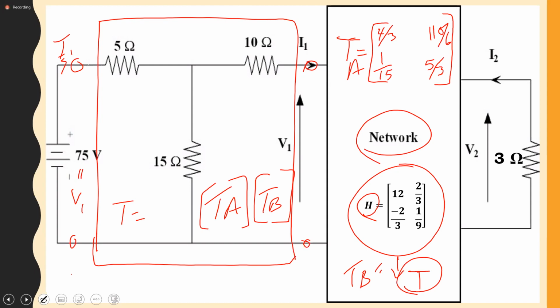Is everybody following me? Question, sir. Where is network A and network B? They're marked. So A right here. A is that, and that's B. Oh, okay. All right. So we find T, which is TA TB.